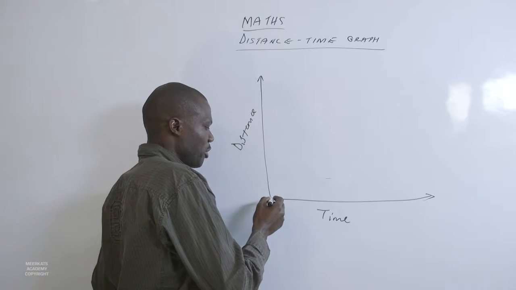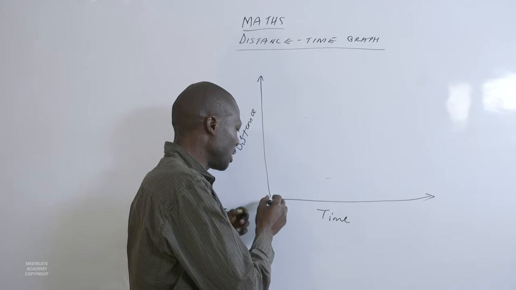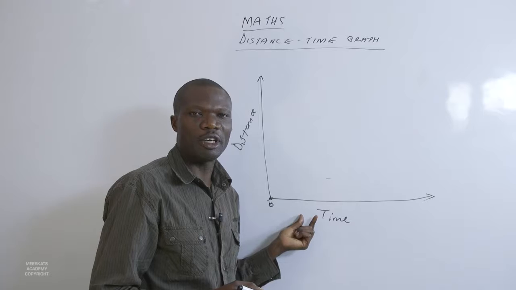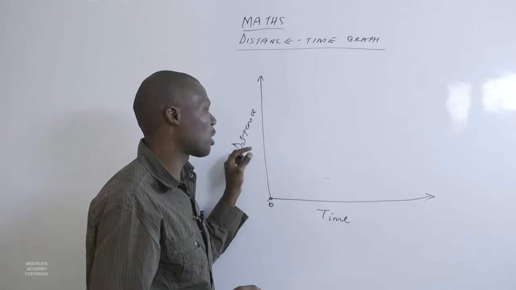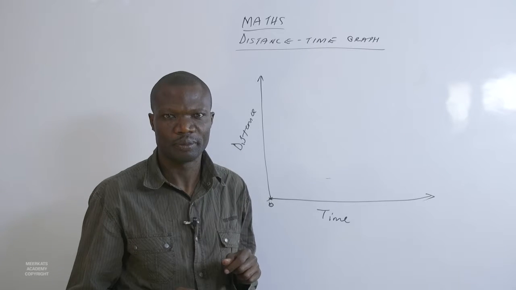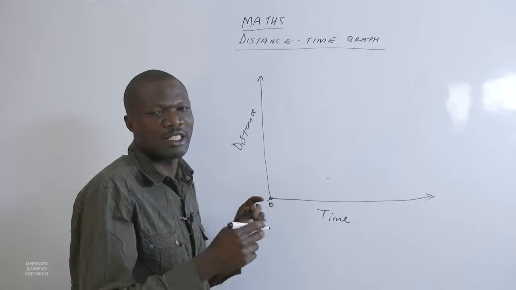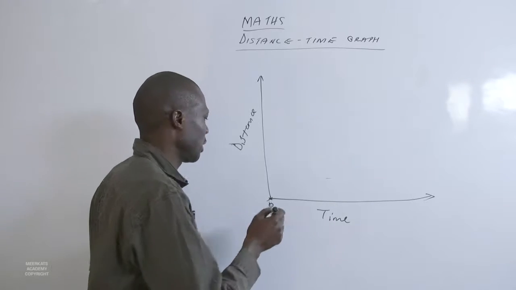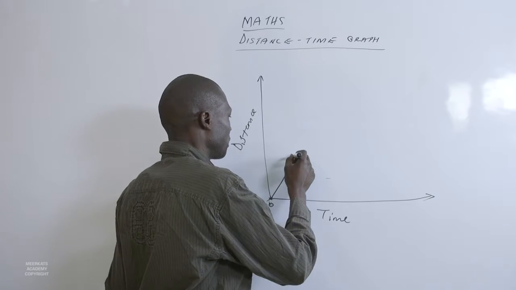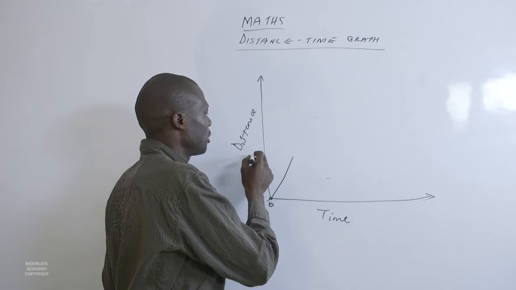Before you start doing anything, you have not started the journey, you are at zero. You have covered no time, neither have you covered any distance, so you are at zero. The moment you start moving at a certain average speed, then it follows that there will be some movement to a certain point. Let me call it D1.